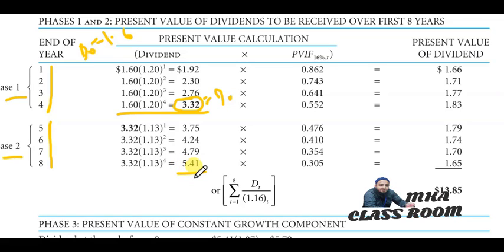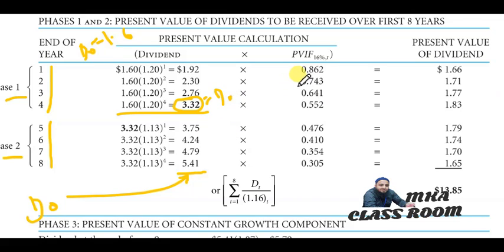This 5.41 should be treated as D naught for the third phase.